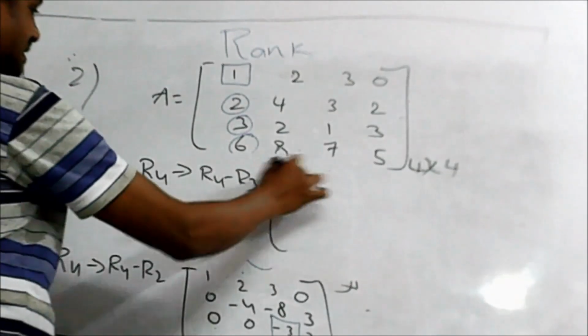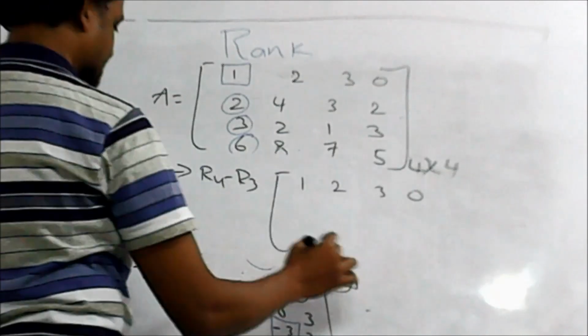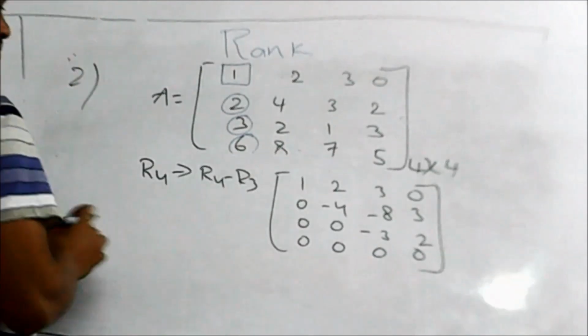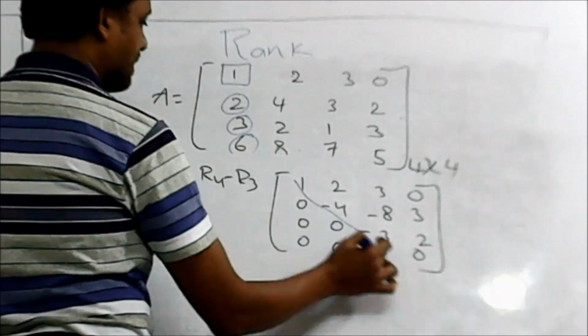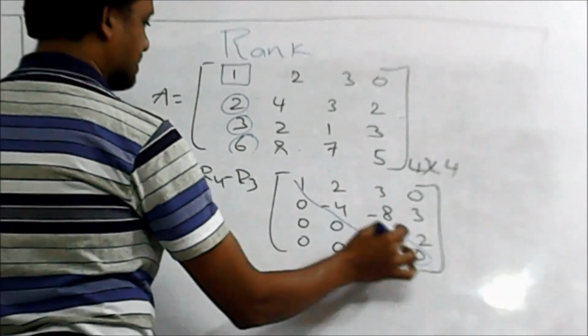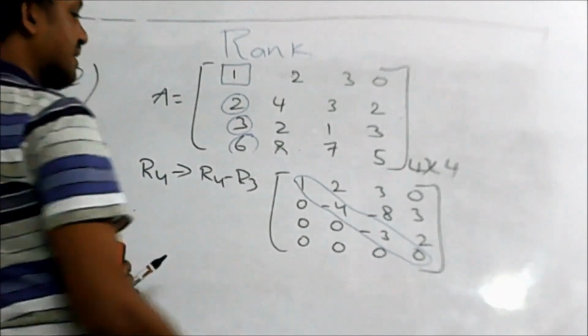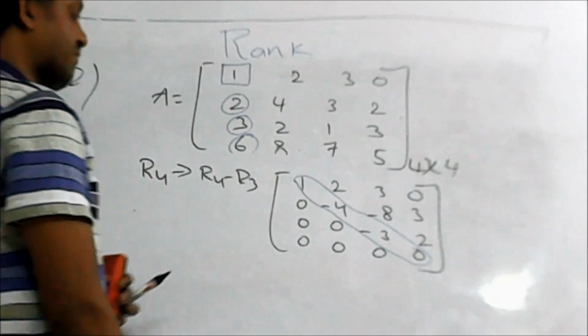Simply R4 minus R3. 1, 2, 3, 0. So now it is converted into an upper triangular matrix. Below the diagonals are 0. So it satisfies the row echelon form. So what about the rank? Rank is the number of non-zero rows, 1, 2, 3. So rank is 3.